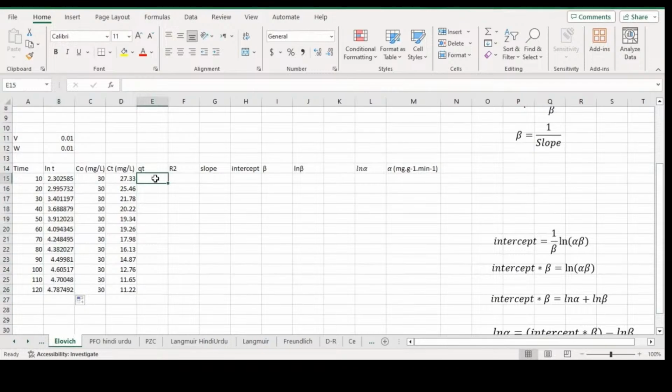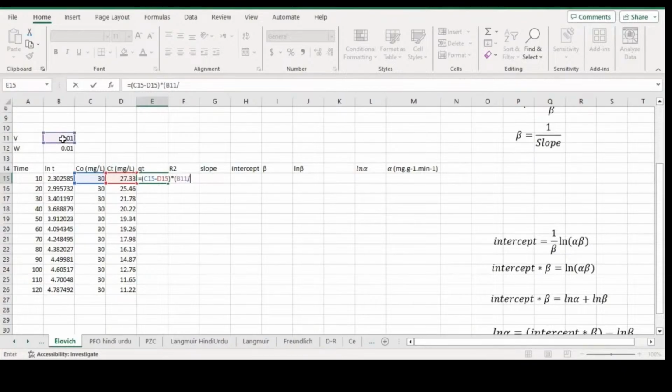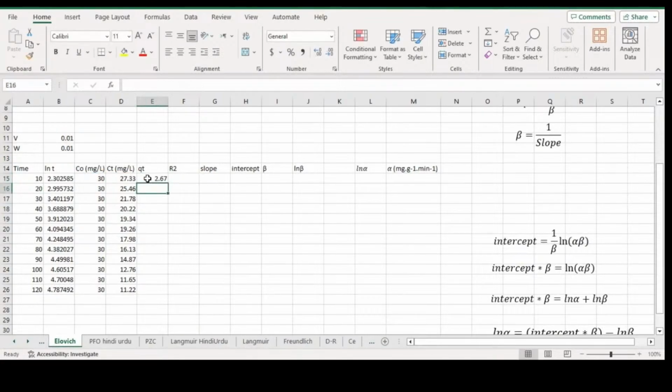Now we will put the formula for qt, which is equal to initial concentration minus final concentration multiplied by volume divided by mass. As in our case, I already told that our mass and volume were the same, we can just multiply with 1 or just do C naught minus CT. That will give us the QT value.